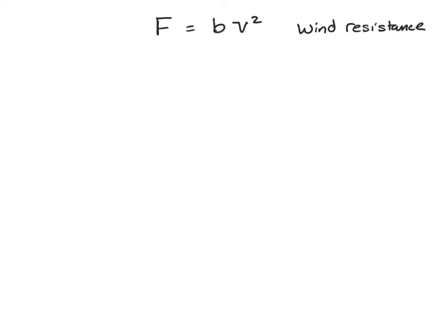So in this case, we'll say the force on a billboard, for example, might be, let's say it's 1,000 pounds. And that happens when the wind speed, V, equals about 20 miles per hour.